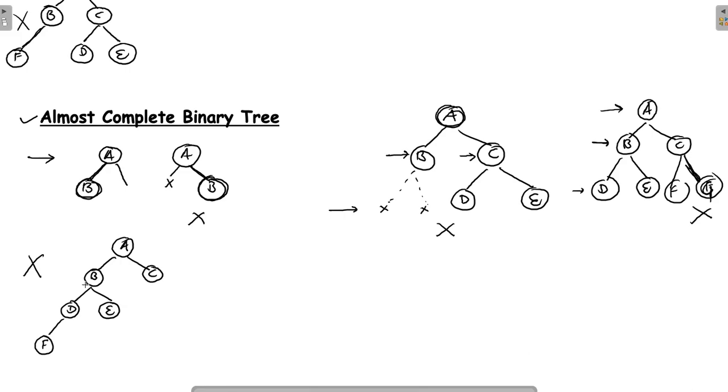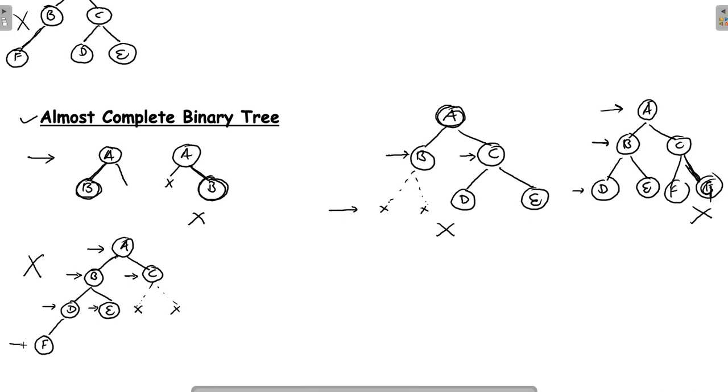What I told you is that it should be filled level wise and it's a binary tree. So A can have a maximum of two children. Okay, so first it has the B left one, then it has the right one. Now on the next level B is having left children D and right children E. But what is next we were expecting? We were expecting C, the level should be filled. So C should be filled with its two children.